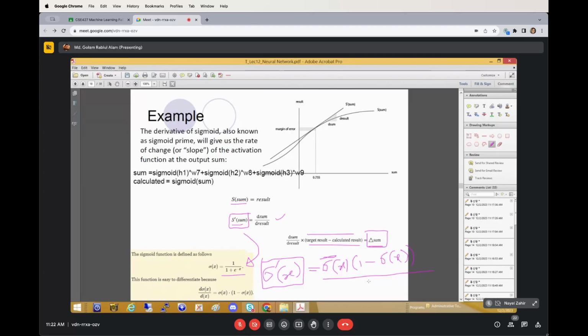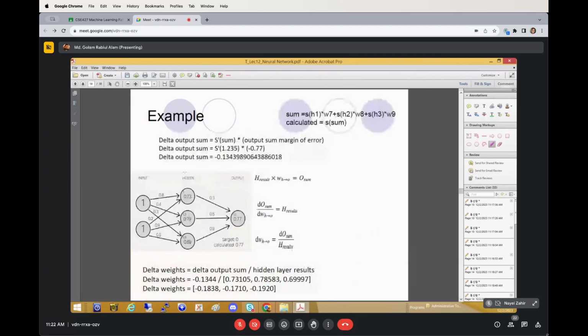Okay, so now for our example, we want to find the delta output sum. In that case we can see that it is the derivative of the sigmoid of the sum and the output sum margin error. So this is our delta output sum.